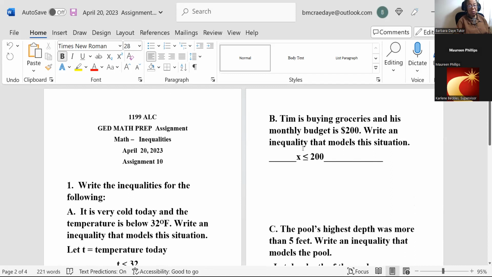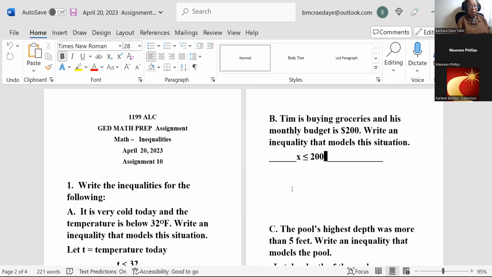So you use X for the variable. So it should be X is either less than 200 or it could be equal to 200. So this symbol means less than or equal. Got it? Don't use or and and unless it's a compound inequality. That means you'd have two conditions, right? Here you only have one.